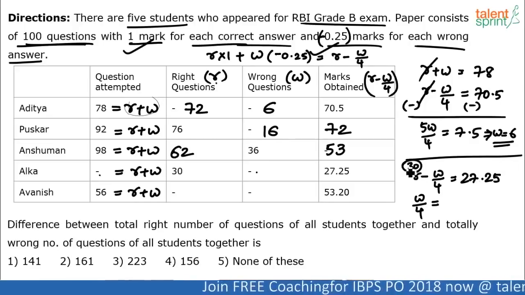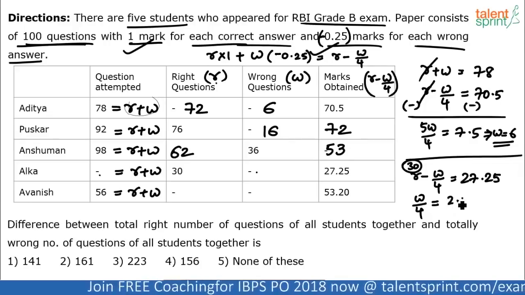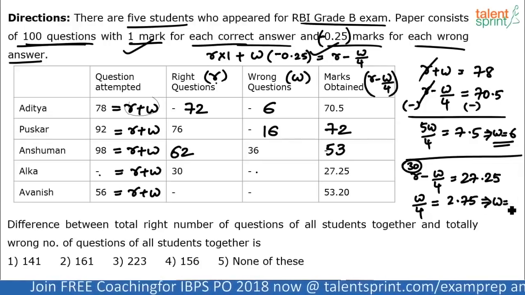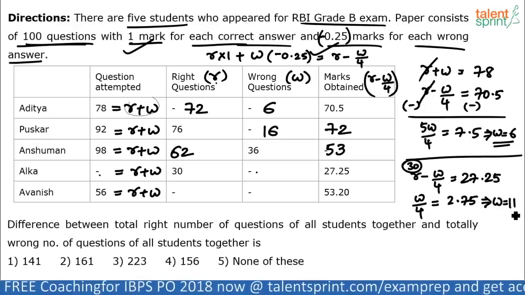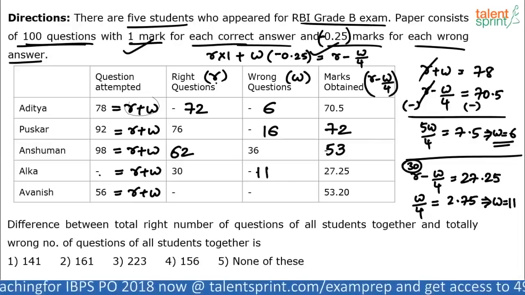What is 30 minus 27.25? It will be 2.75. Which implies W is 2.75 times 4. 2.75 times 4 is 11. So there are 11 wrong answers. You're getting it?